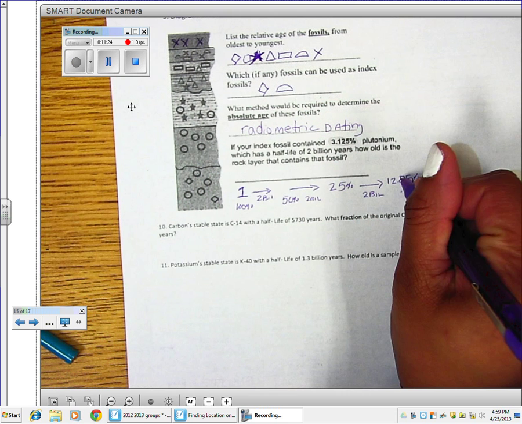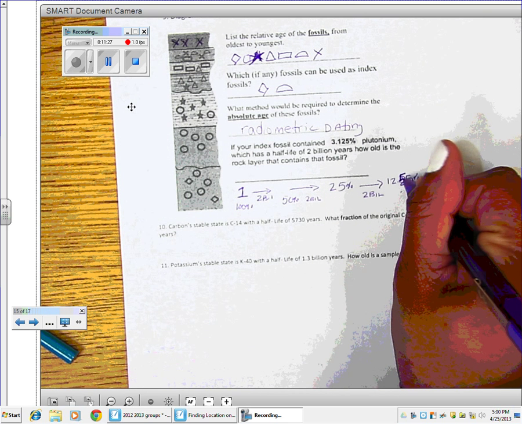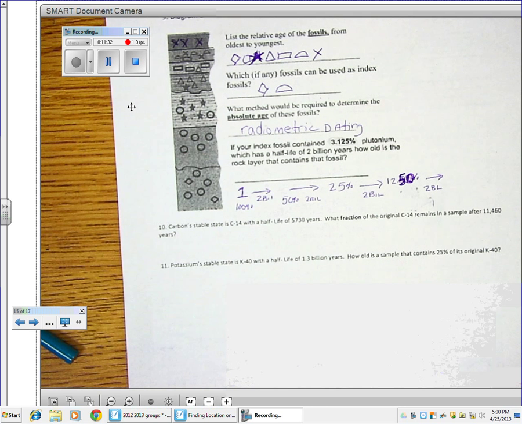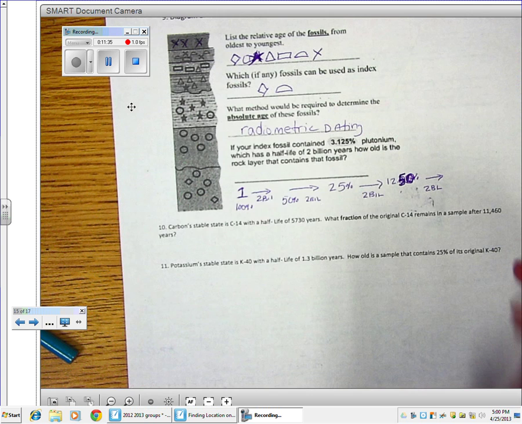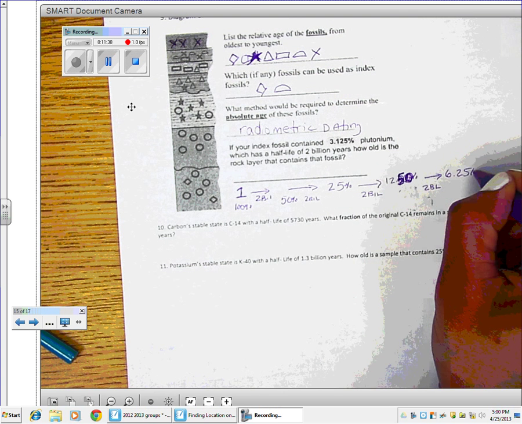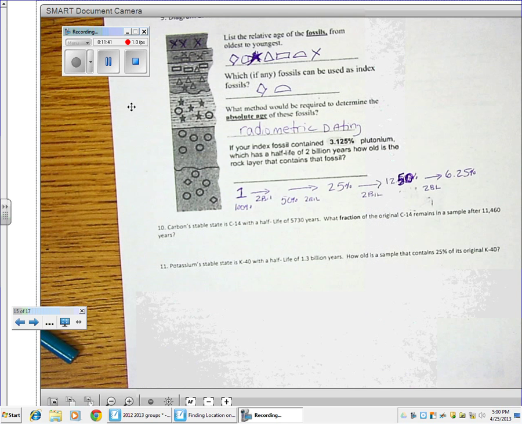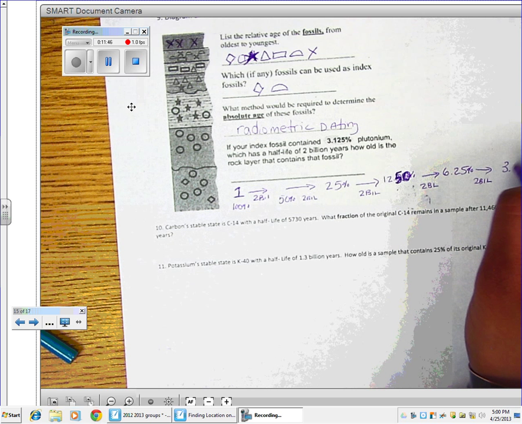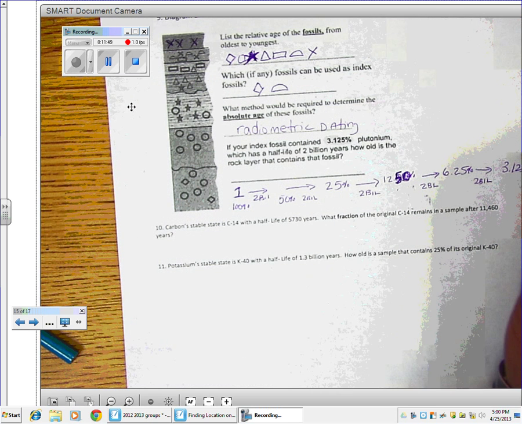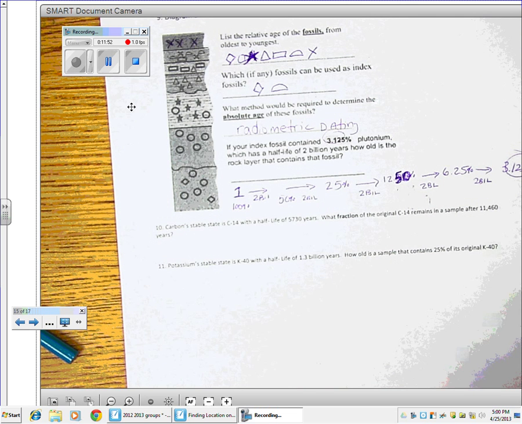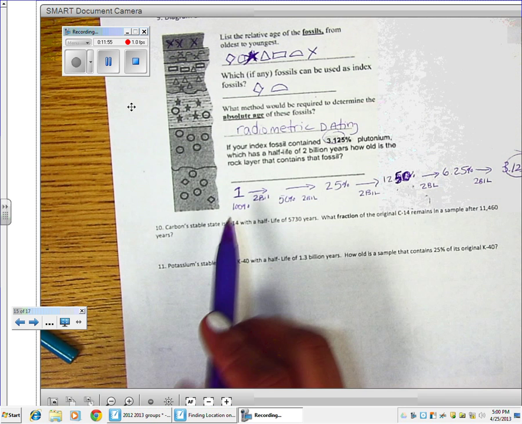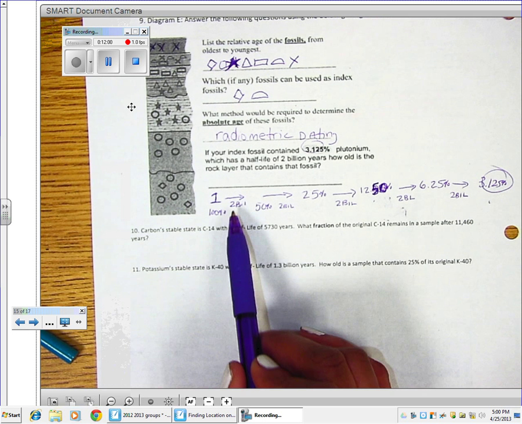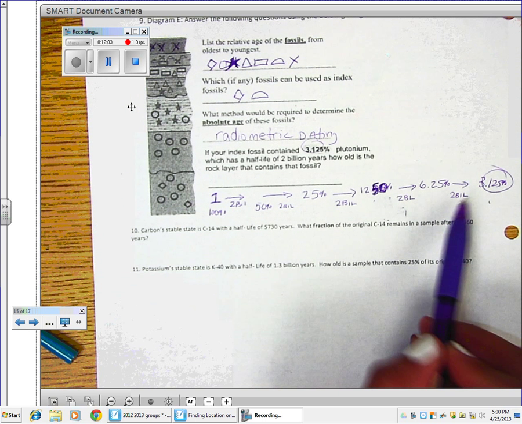I'm sorry, I apologize, it's 12.5, not 12.25. After another 2 billion years, we're at 6.25%. And after another 2 billion years, we are at 3.125%, which is the amount that was there when we dug it up. So therefore, how much time has passed from 100% to 3.125%? 2, 4, 6, 8, 10 billion years.